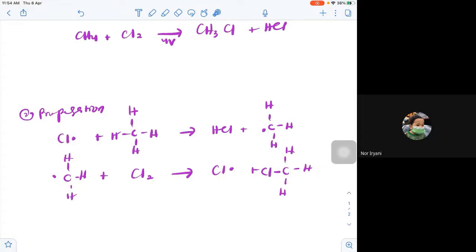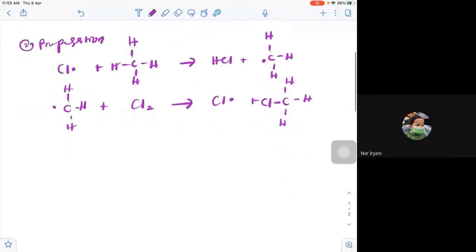Okay, and then after this is produced, if the chlorine is in excess, this only happens if the chlorine is in excess. Otherwise, we just stop here. But if the chlorine is in excess, we will have another propagation step in which the chlorine radical can attack this product, CH3Cl.